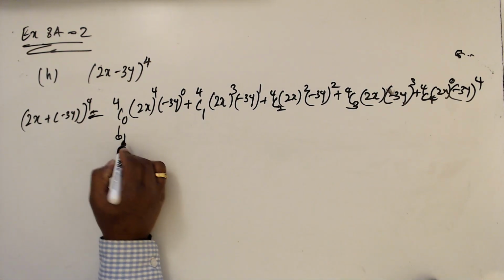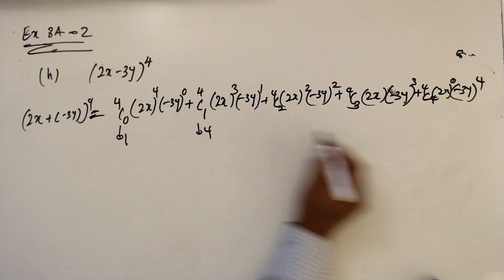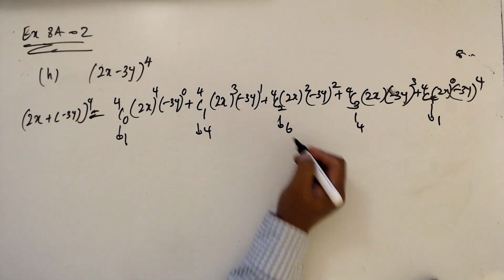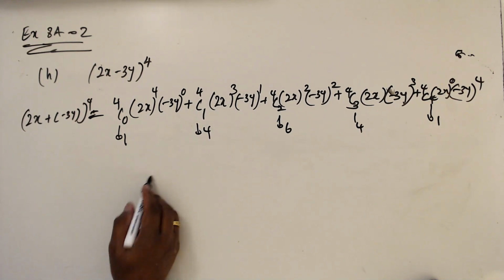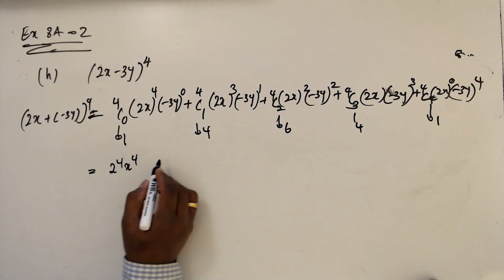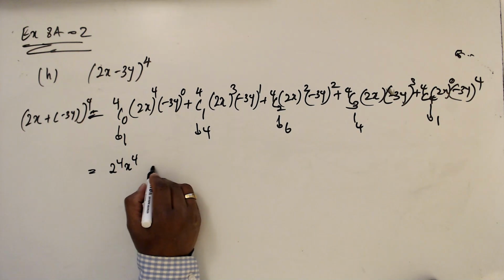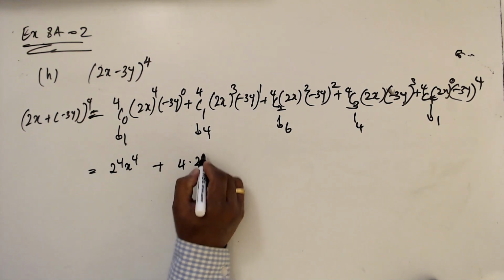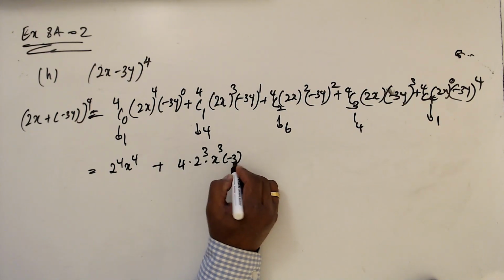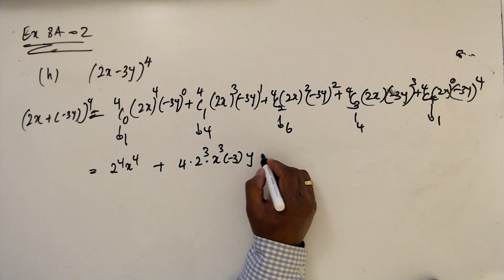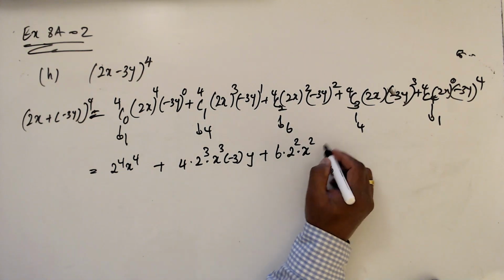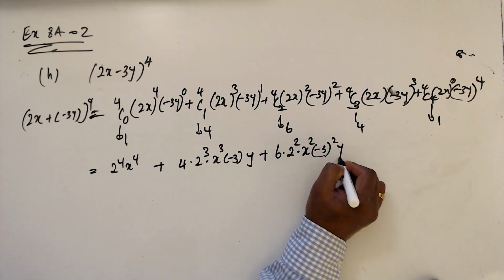So this one is 1, this one is 4, this one is 1, and this one is 4. We found out this is 6, from the previous sums. So 2^4 x^4, this is going to be 1, and this is 4 times 2 cube x cube times minus 3y, and this is 6 times 2 square x square times minus 3 square y square.